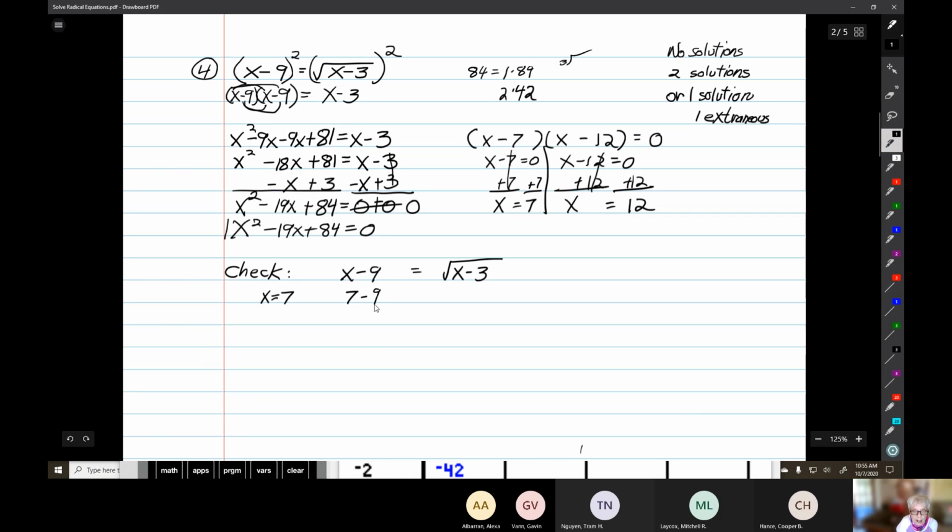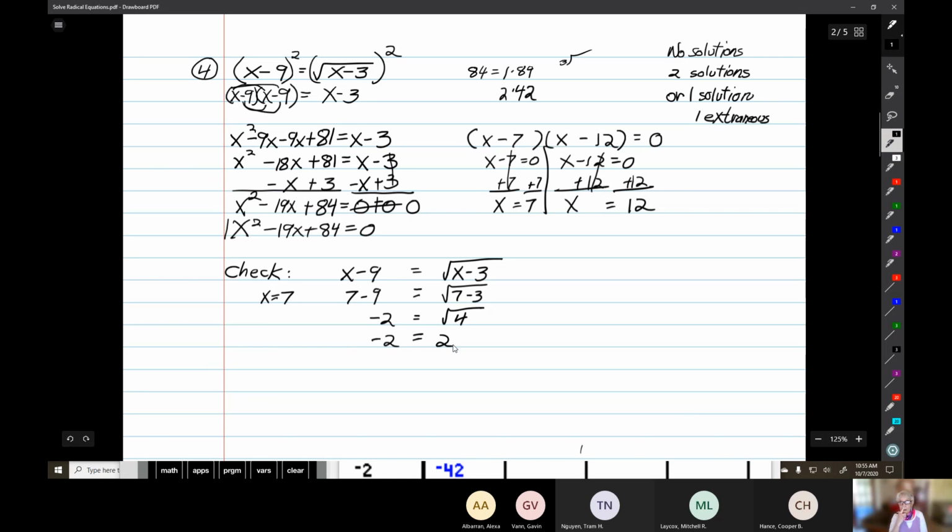7 minus 9 equals the square root of 7 minus 3. 7 minus 9 is negative 2. The square root of 7 minus 3 is 4. Negative 2 equals, the square root of 4 is 2.